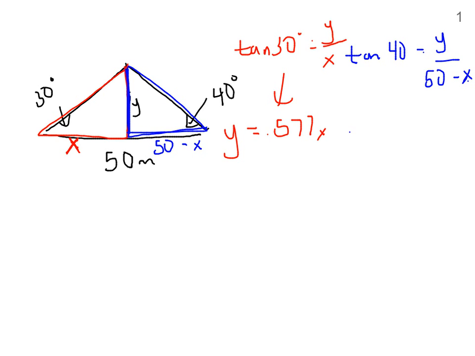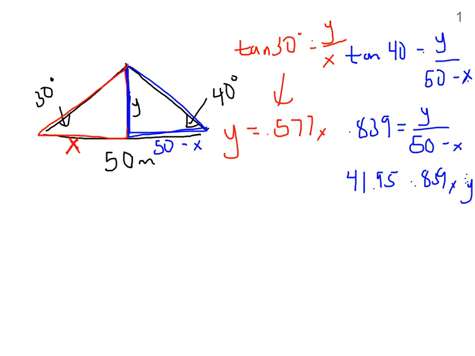So I have 0.839 equals y over 50 minus x. I will distribute that. So I have 0.839 times 50 gets me 41.95 minus 0.839x equals y.